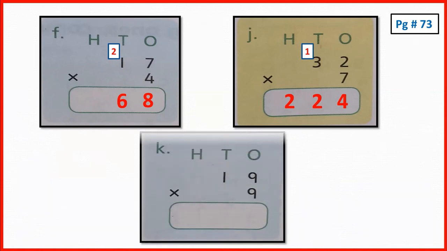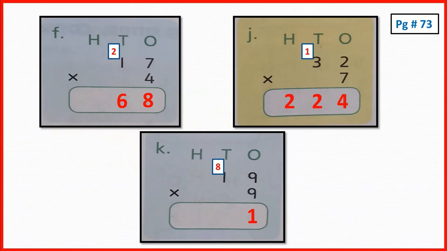Let's do another. 19 multiplied by 9. 9 nines are 81. 81 means 8 tens, 1 one. So write 1 in the ones column and convert 8 tens into the tens column above 1. Now multiply tens. 9 ones are 9.